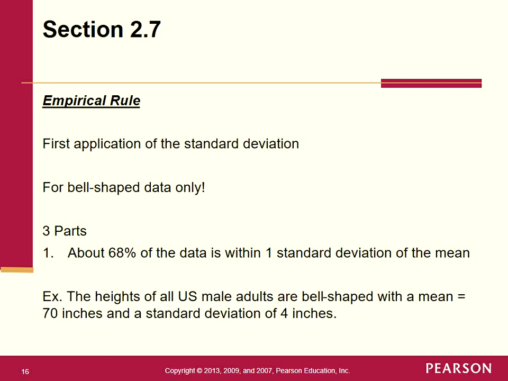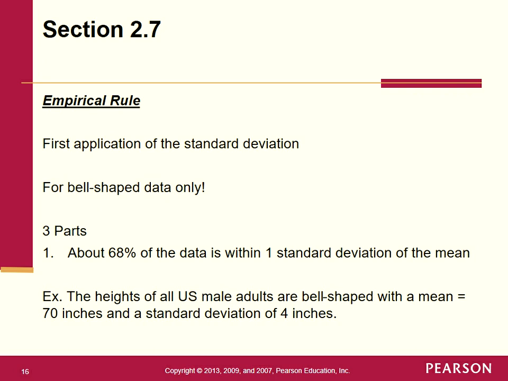So, let me give you an example here. Let's say the heights of all U.S. male adults are bell-shaped with a mean equaling 70 and a standard deviation of 4. Basically, we're doing a little pretending here.